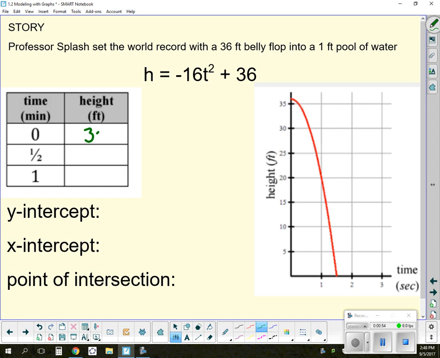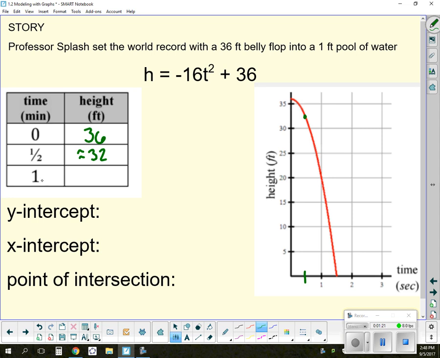We knew that because that's where he started. He was at 36 feet high. At time 1/2, so at 30 seconds, half of a minute, would be about right here. And we can follow that up and be right about there, maybe 32 feet we could estimate. But that's just an estimate. We don't know that exactly.